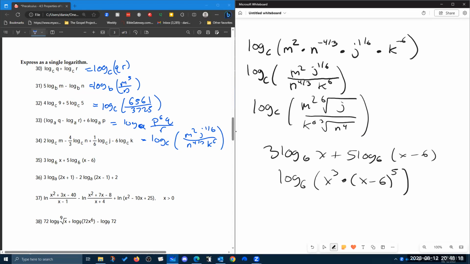And there's no reason for me to expand that any more than that. Let's get rid of that multiplication symbol because it's assumed. Log base 6 of x to the 3rd times x minus 6 to the 5th.